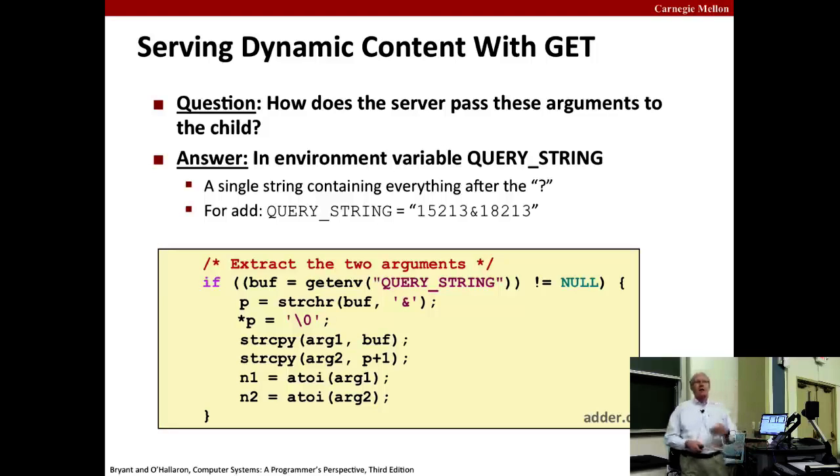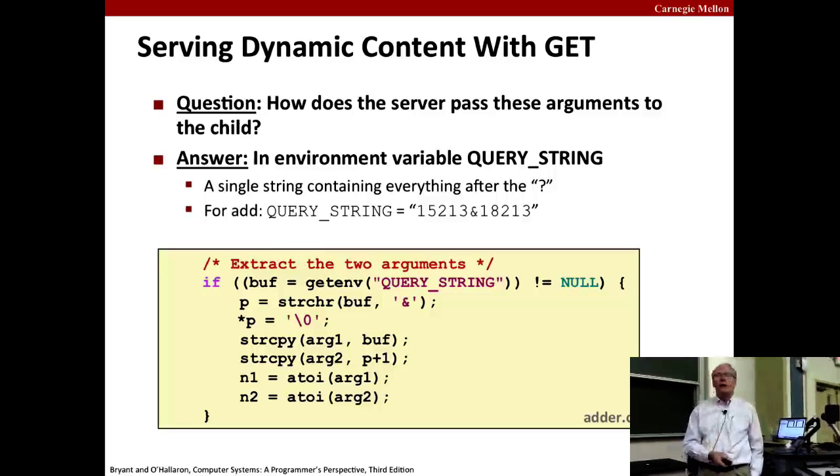So the first thing is, how does the server then pass the argument to the program that gets executed? Well, it's really weird. The way it does it is by creating an environment variable for your machine that's called QUERY_STRING. And so the server defines that environment variable. And then the job on the CGI side of the script is to retrieve that environment variable as a way of getting the string.